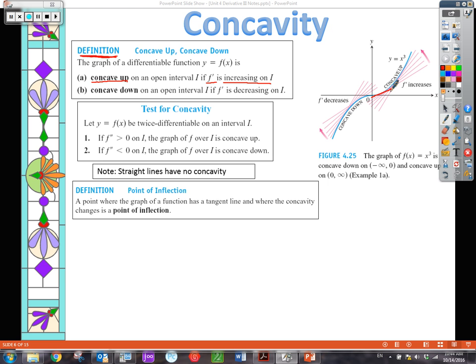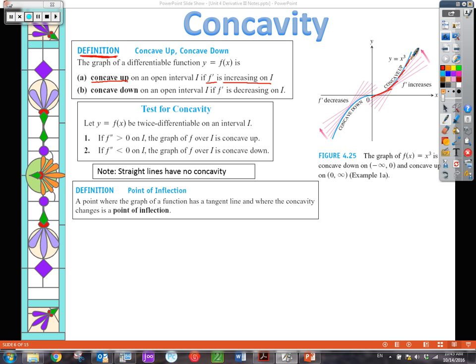As we continue up, the slopes are increasing. So that's how we would be able to determine if the derivative is increasing from a picture, by looking at the slopes. Again, very abstract, right? We would have to really conceptualize, is the first derivative really increasing there or is it not? Okay, so that's just the definition.